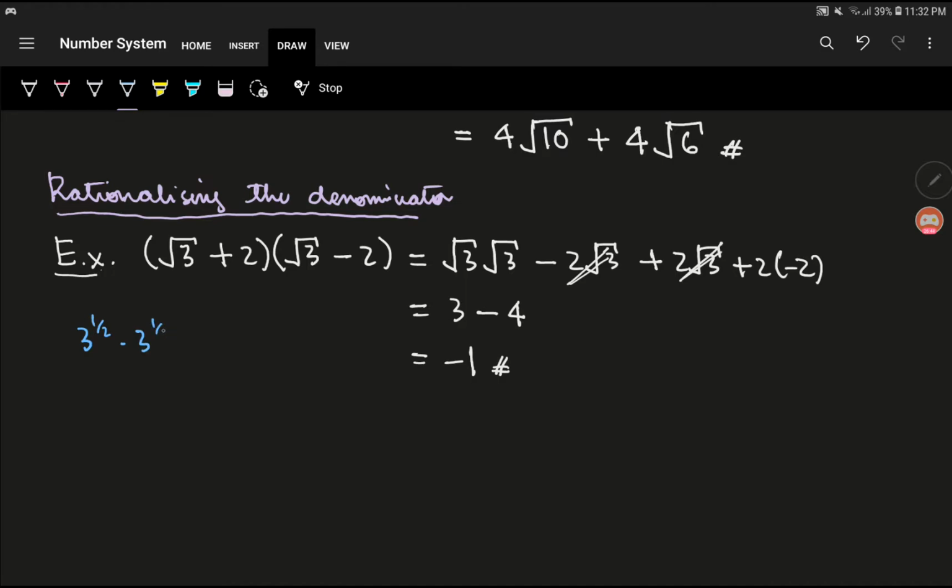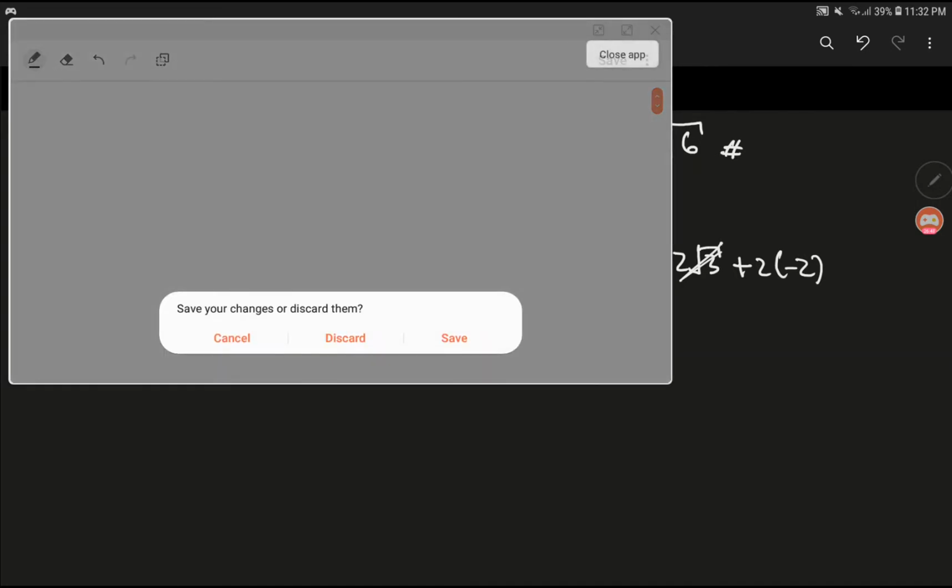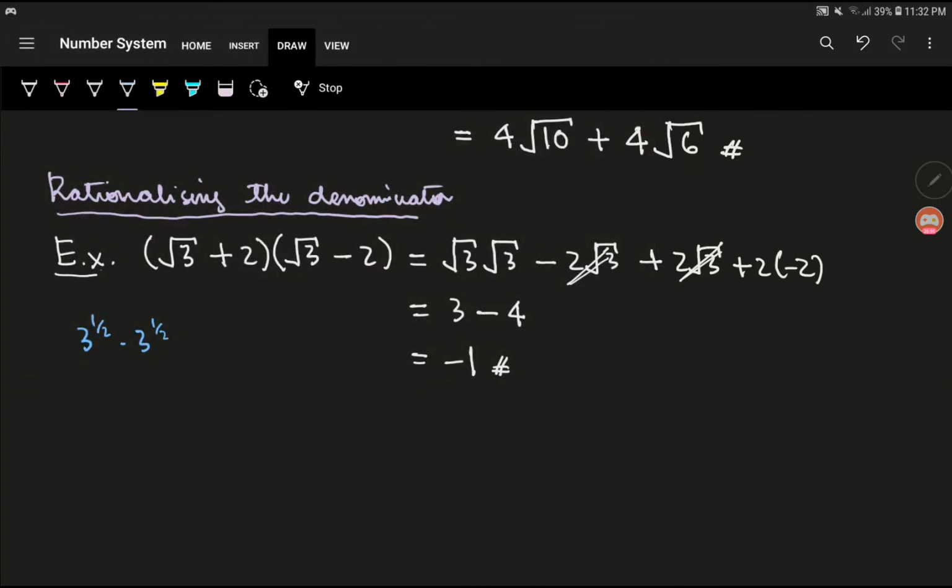According to the laws of indices, since both have the same base, we add the indices: half plus half is 1, so 3 to the power of 1, which is 3. That's why I write here 3.